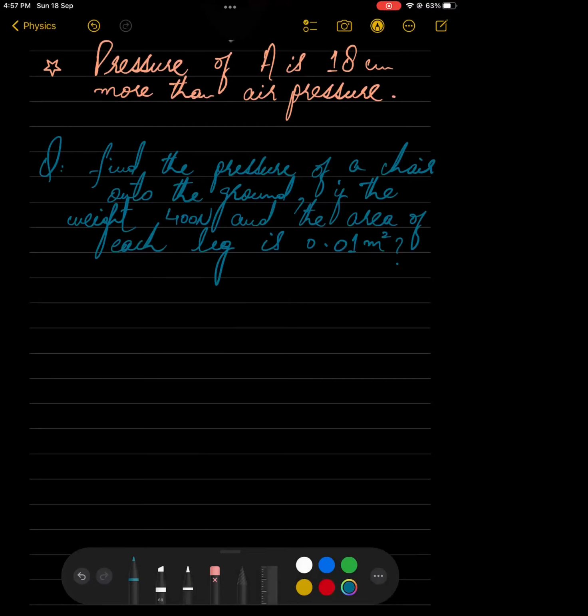The first problem students made was that they did not apply the formula correctly. So the formula we need to use is P is equals to F upon A. Once we have used this formula, we have to use the value of area correctly.